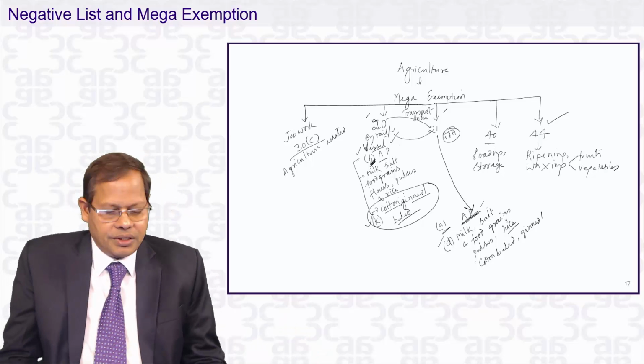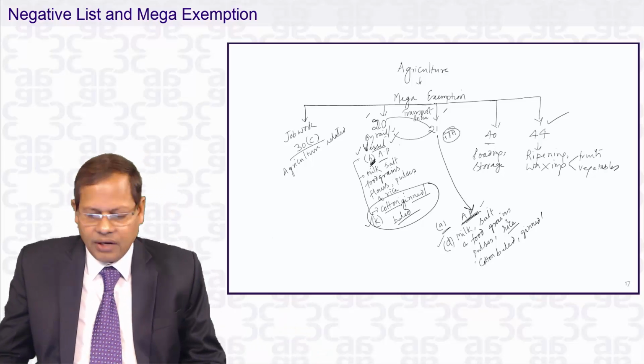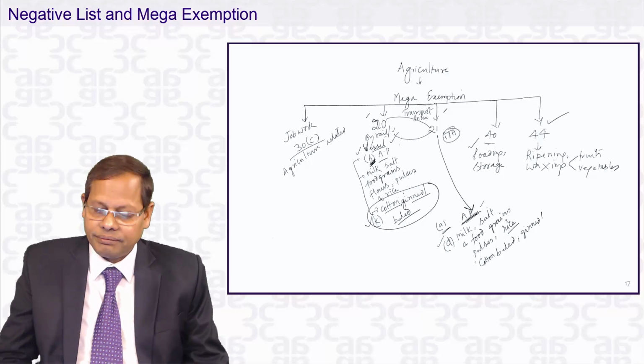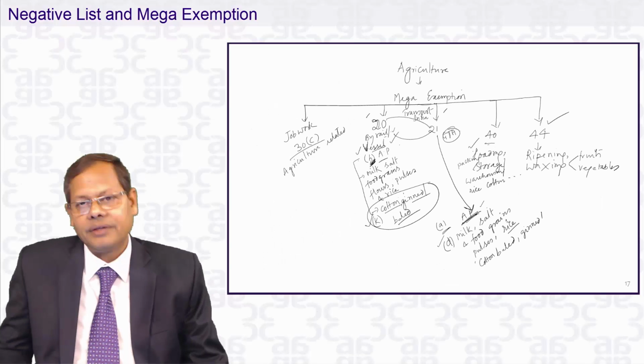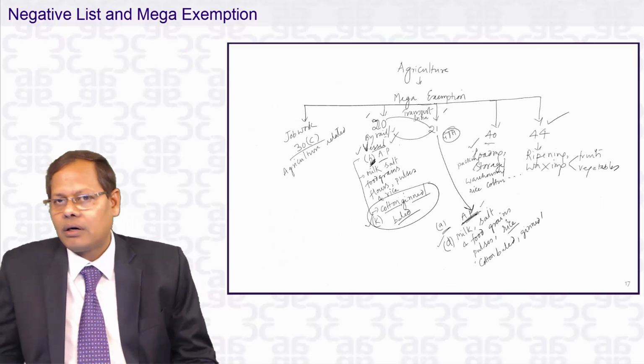I read out: services by way of loading, unloading, packing, storage or warehousing, even warehousing of what? Warehousing of rice, cotton, ginned or baled, same, ginned cotton or baled cotton.